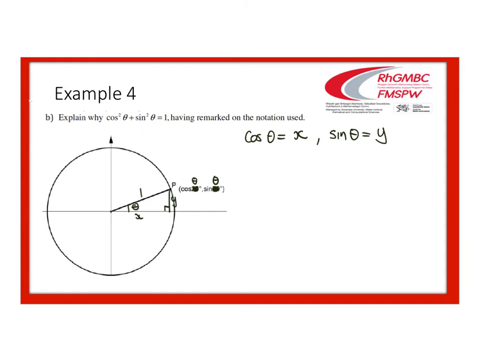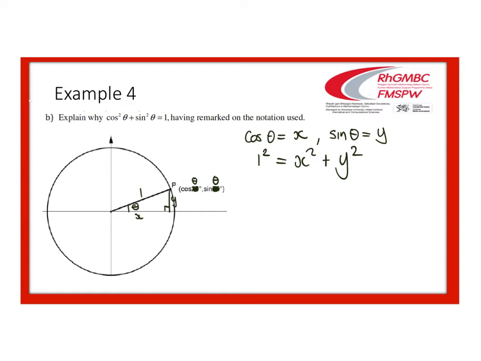Okay, so how do I get from here to this identity involving cos squared plus sine squared equals 1? Well, we're going to go back and use Pythagoras. Pythagoras' theorem states that the hypotenuse, 1 squared, is equal to the sum of the other two sides squared, so x squared plus y squared.